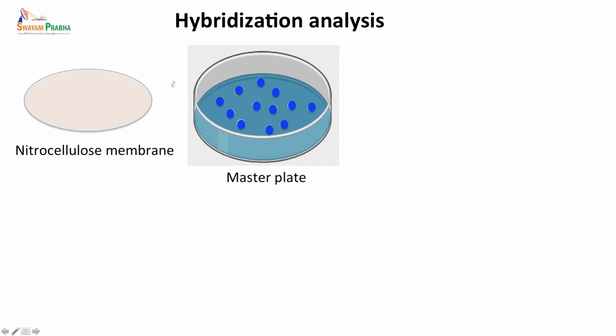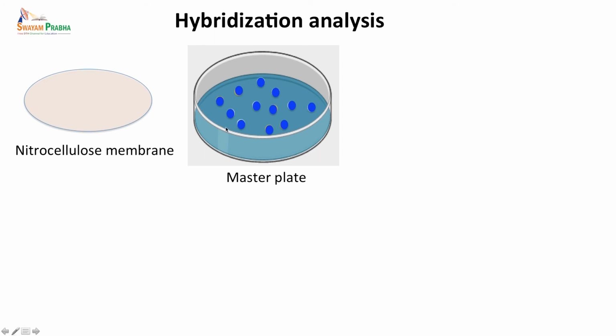In this case, you have a master plate where you have plated out your recombinant E. coli on the agar plates. In reality, you don't have only a single plate because there are a large number of clones that represent the entire genome. If you put them all in one plate, all you will get is a lawn.